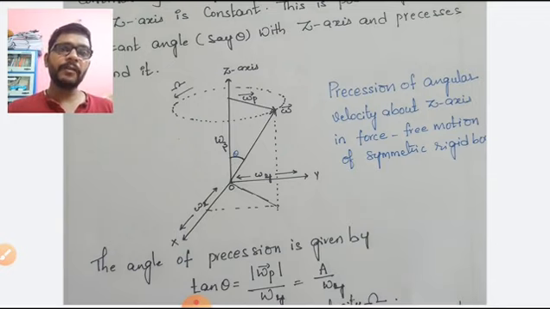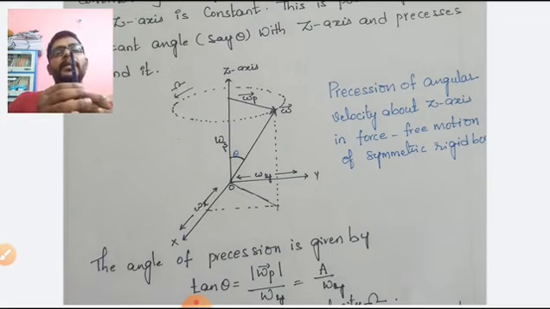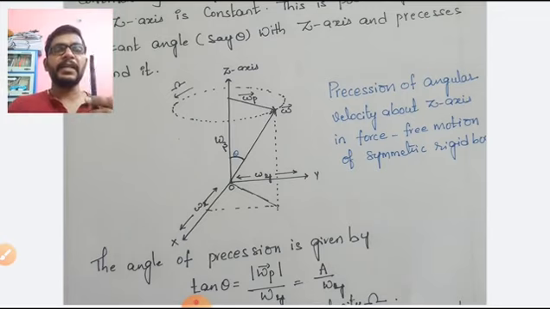If the top rotates about its own axis, that motion is called spinning. See, this pen is rotating about its own axis. This is what we call spinning.